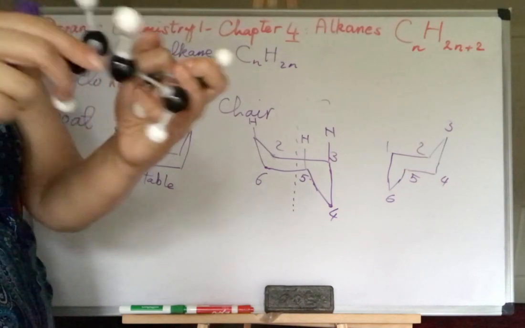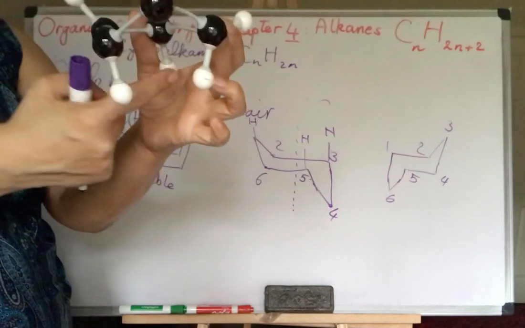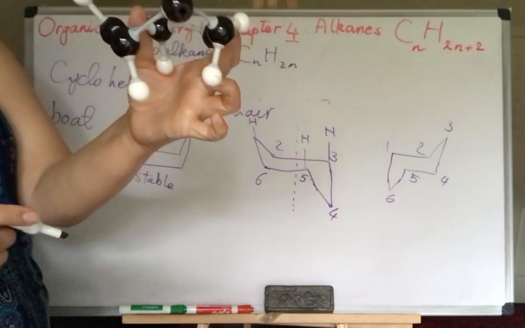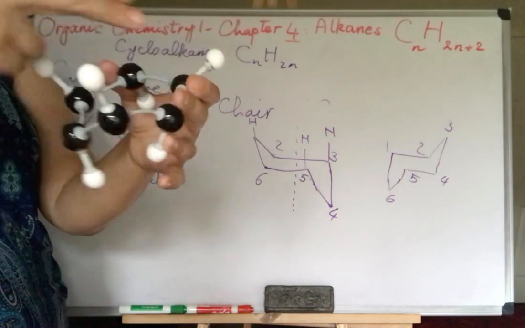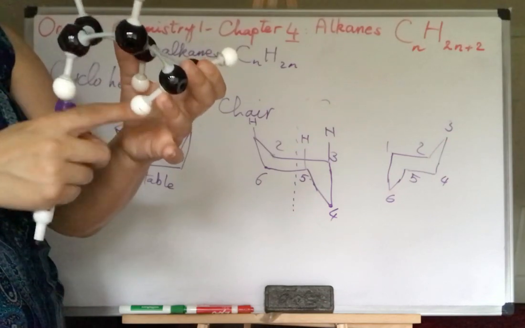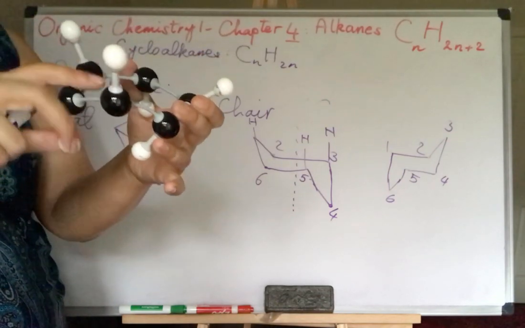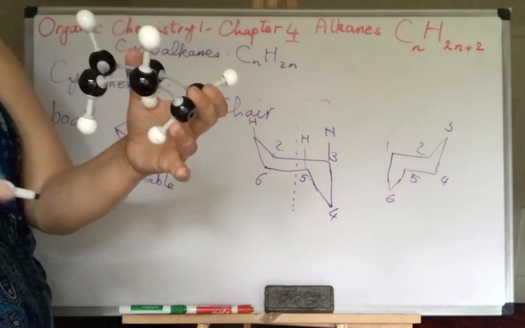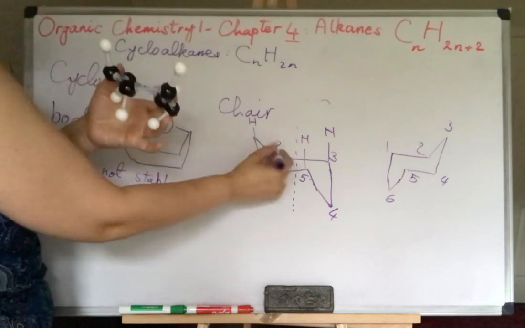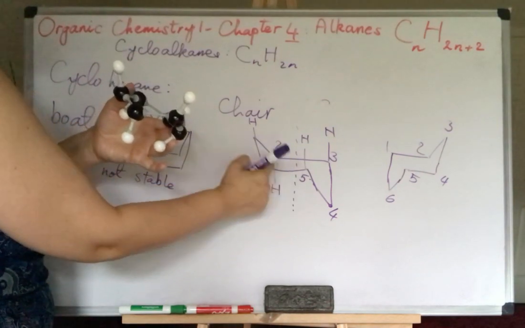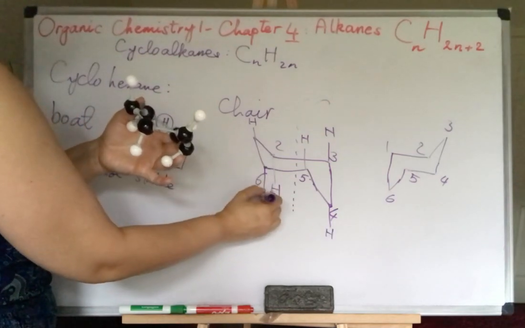All right. You see, 3 of them are on top and 3 of them are in the bottom. So if, for example, you have 1, 3, and 5 on top, you have 2, 4, and 6 on the bottom. Now, the axial hydrogens cannot be all on top because of the steric strain. So you have 3 axial hydrogens on top, and then 3 axial hydrogens, 2, 4, and 6 on the bottom.